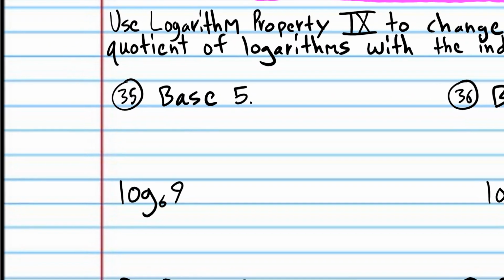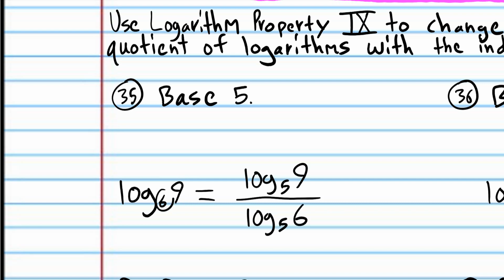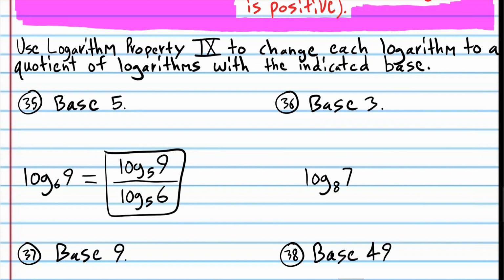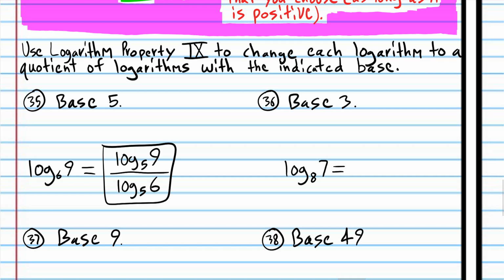So we want to write this with the base 5, so it's going to be log base 5 of the number here divided by log of the same base, except that number, the base of the logarithm, and that's it, we're done. So pretty easy, right? So if our calculators could not compute base 6 logarithms, then we could change it to a base 5 logarithm. That's just a hypothetical situation.